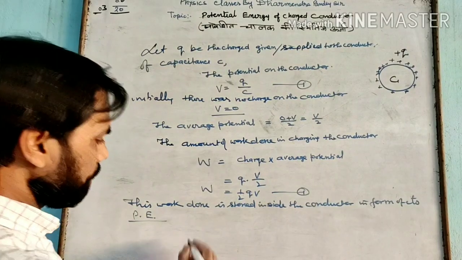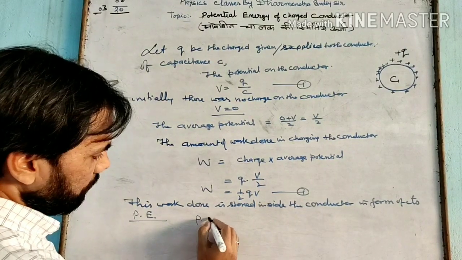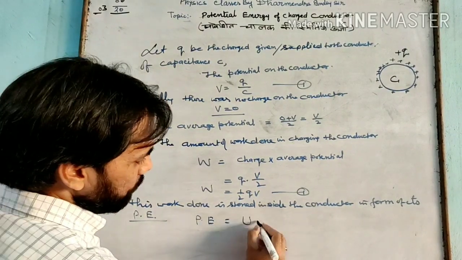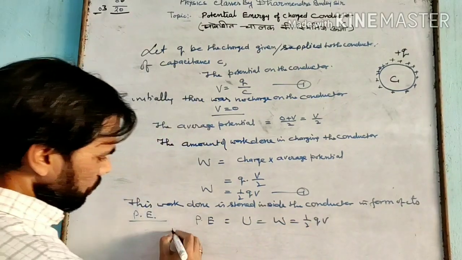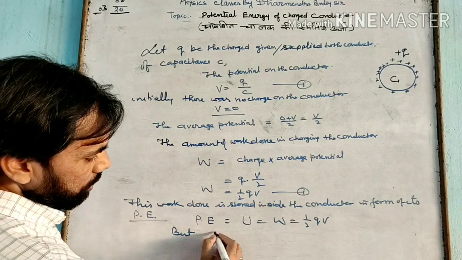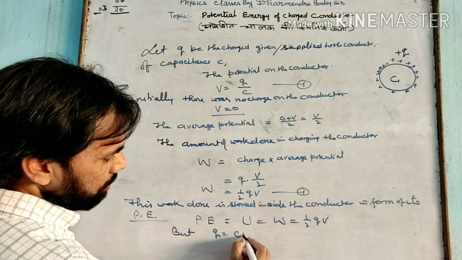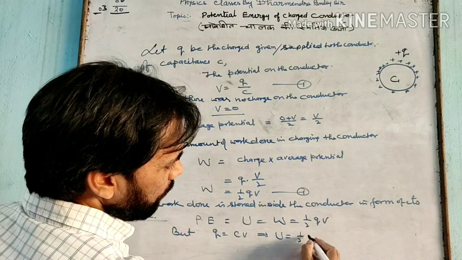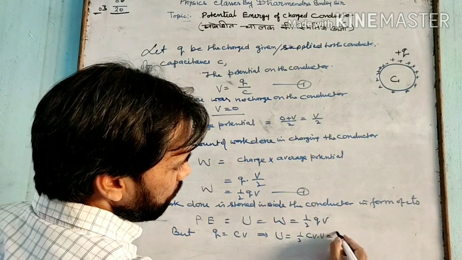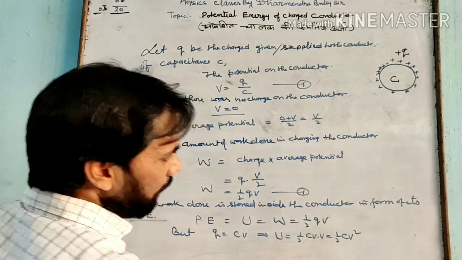So the potential energy can be written as U is equal to W, that is 1 by 2 QV. But as you know, Q is equal to CV, so this U can be written as 1 by 2 CV into V, that is 1 by 2 CV square.